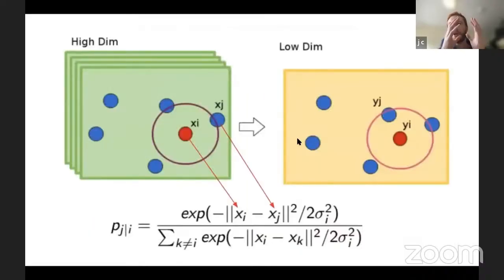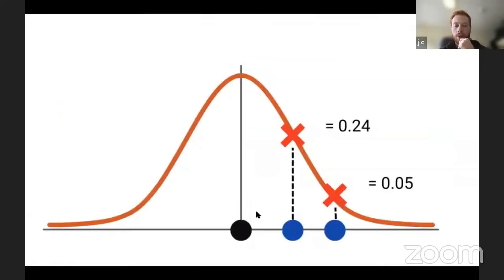Okay, so we have points in our high dimensional space. Around each point, we set a Gaussian, and this gives us a density for all neighboring points, or for all points in the data set. Close points will have a high density, and further points will have a very low density in our distribution.